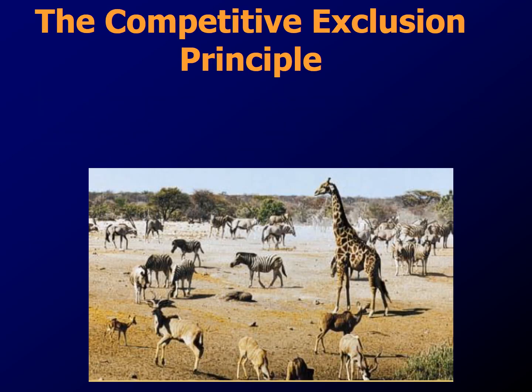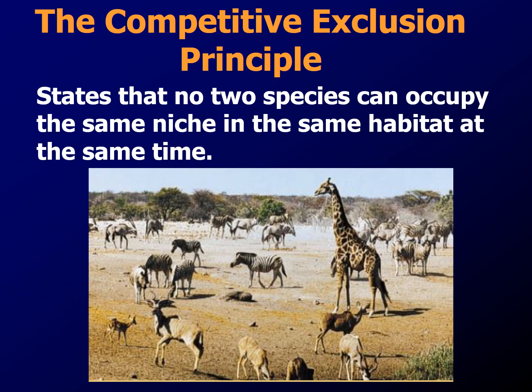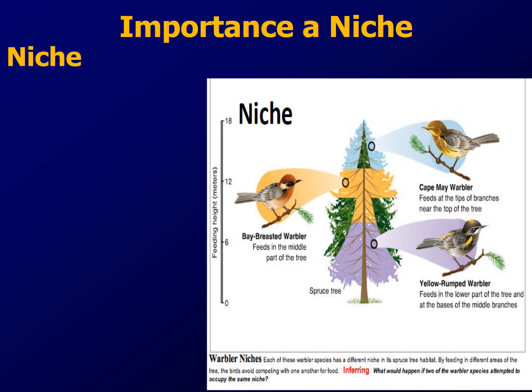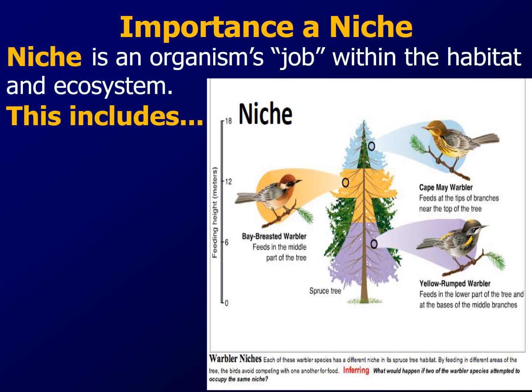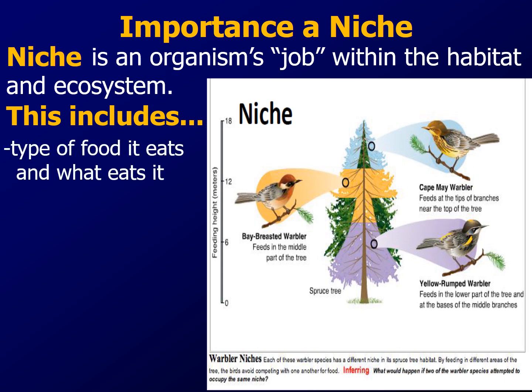The competitive exclusion principle states that no two species can occupy the same niche in the same habitat at the same time. So, this brings a question to mind. What is a niche and why is it important to an ecosystem? A niche can be defined as an organism's job or role within its habitat and ecosystem. This can include one, its predator-prey relationship, which basically means what types of food does it eat and perhaps what eats it.